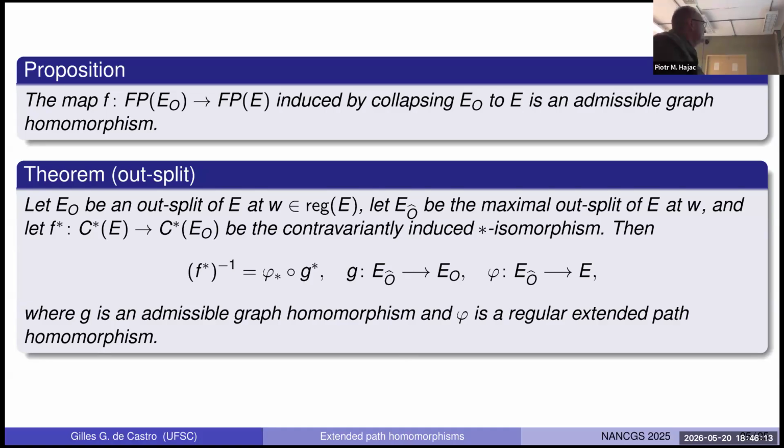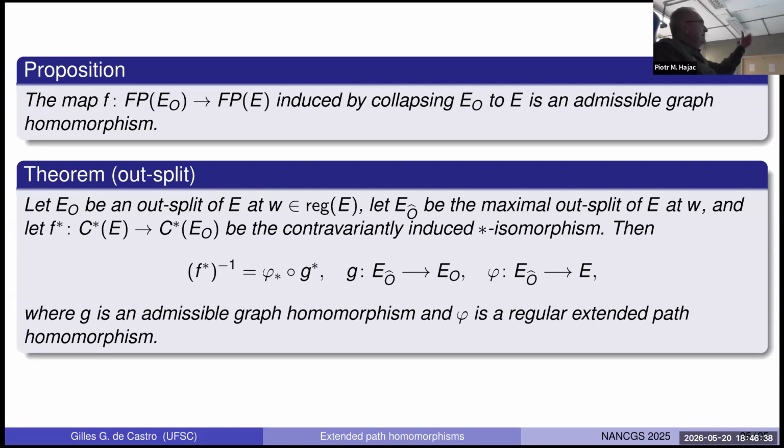So before we thank Gilles again, let me reiterate what else we've got and what he didn't cover. So outsplit fine, we also have multi-outsplit, but then there is a very important move called shift. And the shift move is given by a path homomorphism, not by a graph homomorphism. This is a covariant construction.